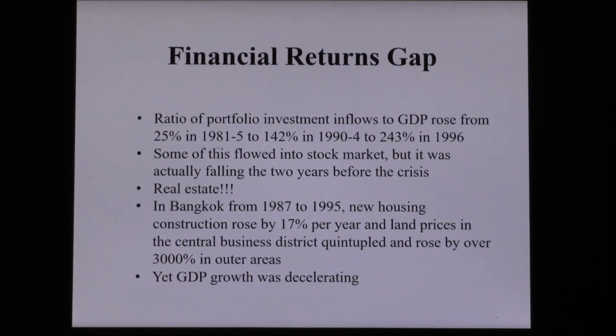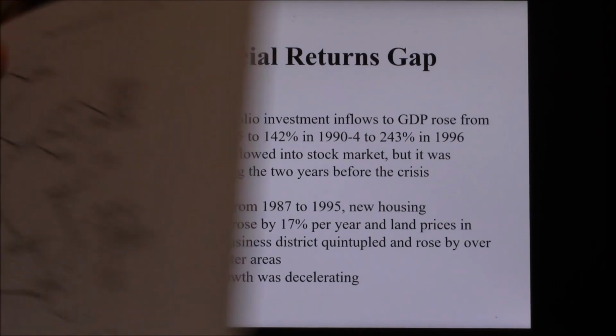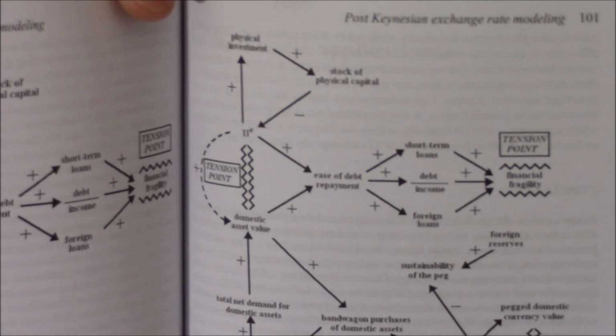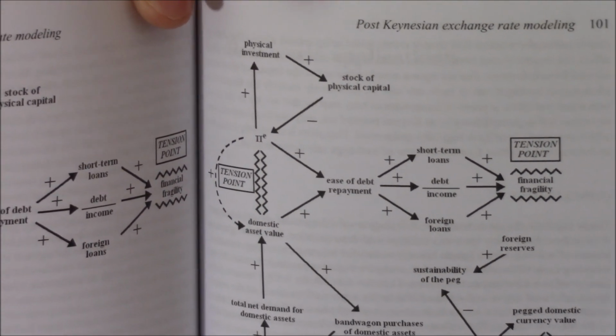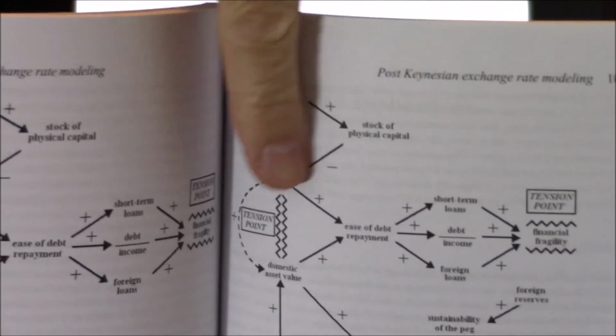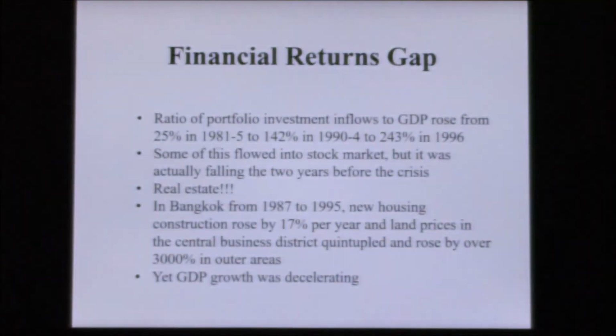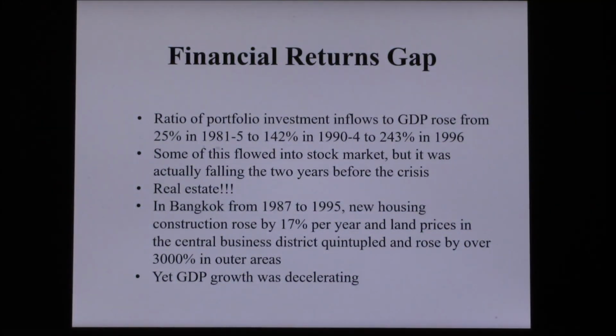What about the financial returns gap? That's going to be, again, where it says domestic asset value and this tension point, right there. The ratio of portfolio investment inflows to GDP went from 25% in 81 to 85, 142% in 90 to 94, and 243%.